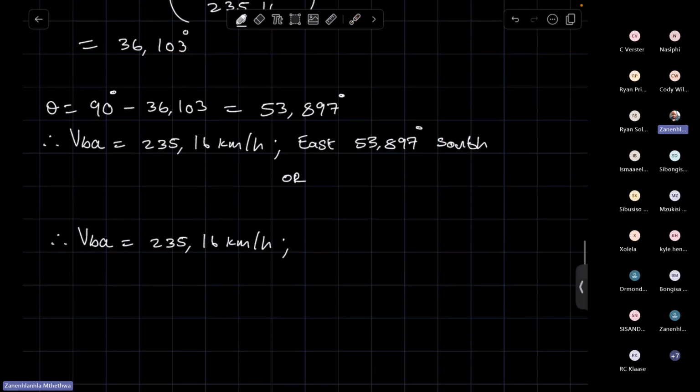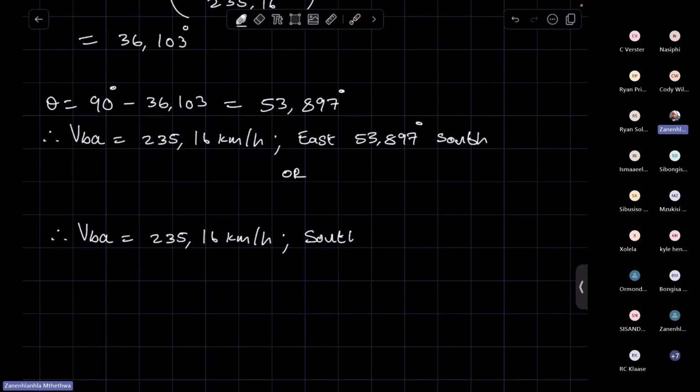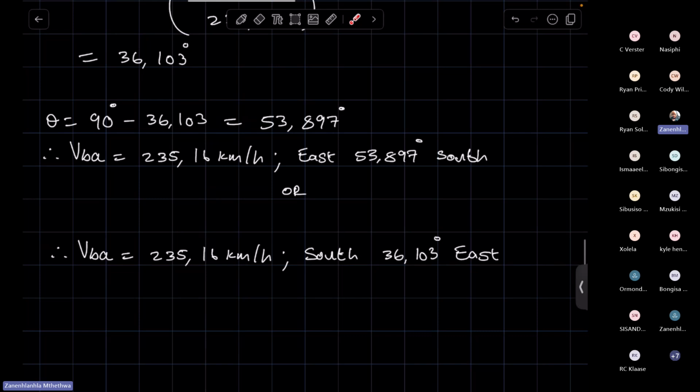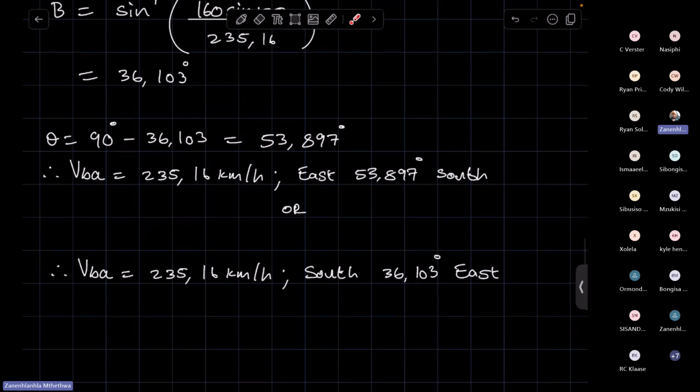As far as the y-axis, the direction is south. So this would have been south, angle is 36.103 degrees, headed east. So for exam and test purposes, you would realize that this is the angle referenced from the y-axis, and then you would use this instead. Are we clear here?